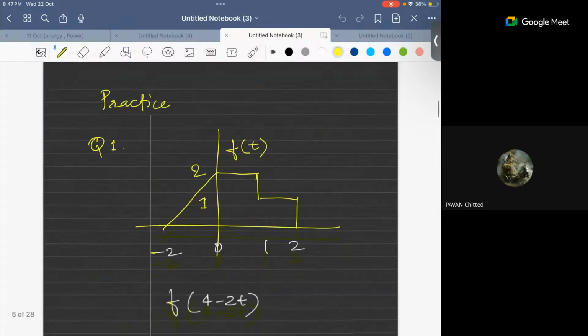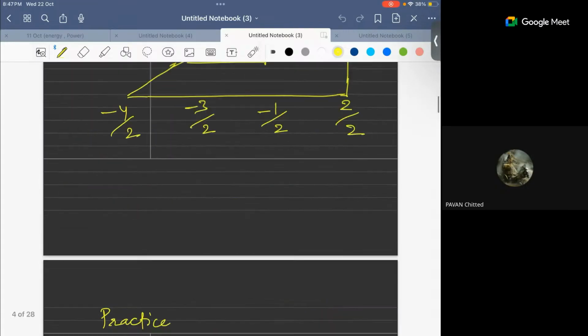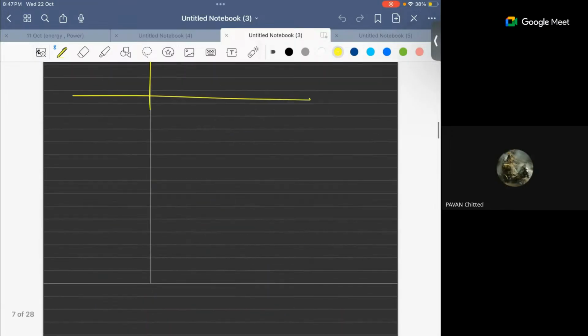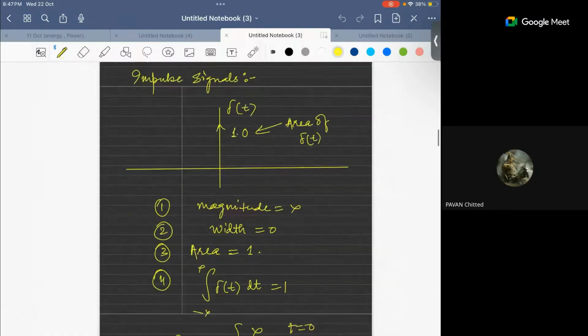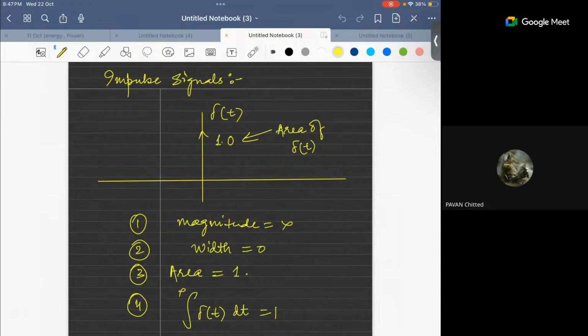This is the first session that I took, and I discussed all the properties of this. What I said was, in the impulse signal, this is how you generally represent it. What is represented with the delta function is not the magnitude at t equals 0, but the area of the delta function, which is generally represented as 1. If somebody asks what the magnitude is, it is infinite.